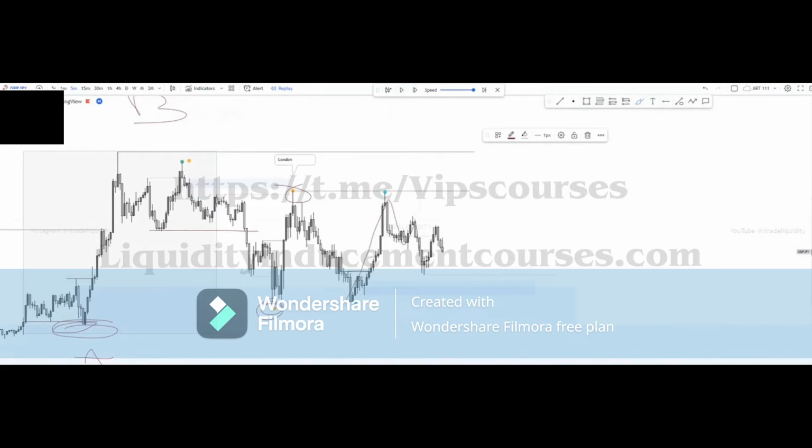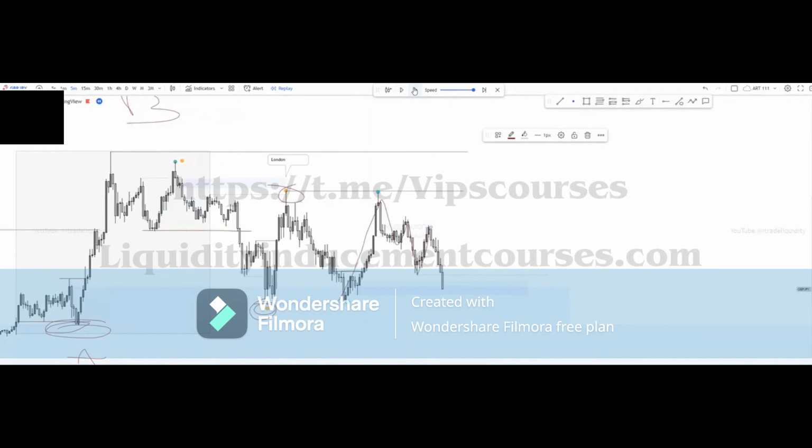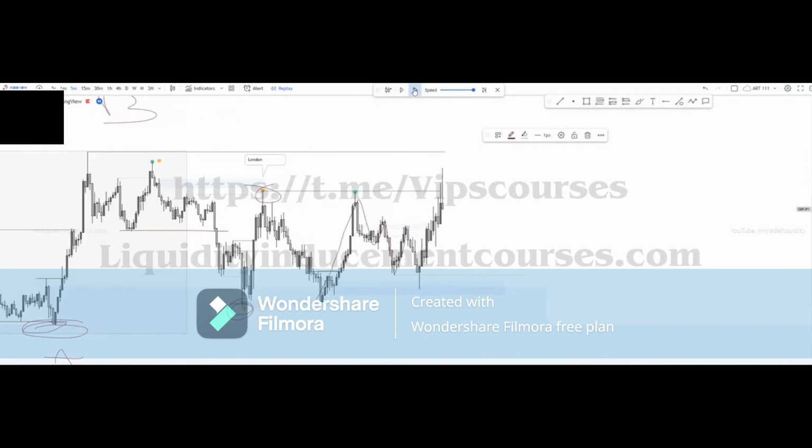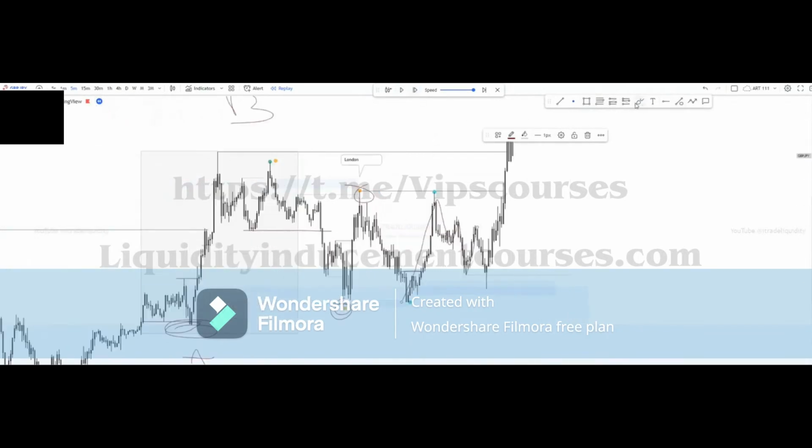Price failed, came down one more time. Failed. Why? There's a POI right here. So it's building liquidity above it to give it a reason to go into that. Taps right in. And then we take out both ranges' highs, this one and then our bigger range that we were currently in.